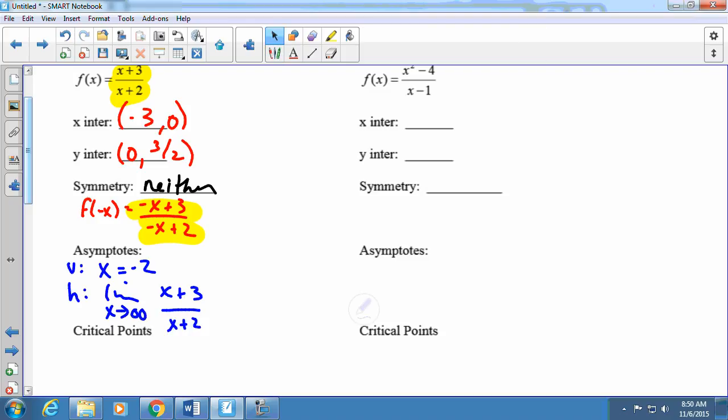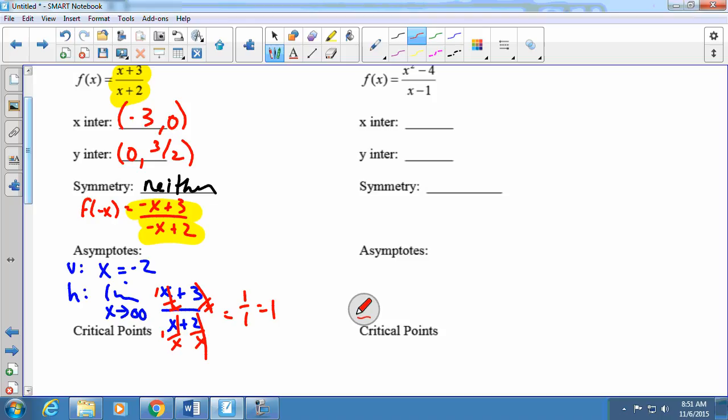So I'm going to divide by the largest power in the denominator, and some of you can see this answer already. Goes to 0, goes to 0, goes to 1, and goes to 1. So what's my answer? 1 over 1, which is 1. So I have to write it as a line, y equals 1. So I have my two asymptotes.